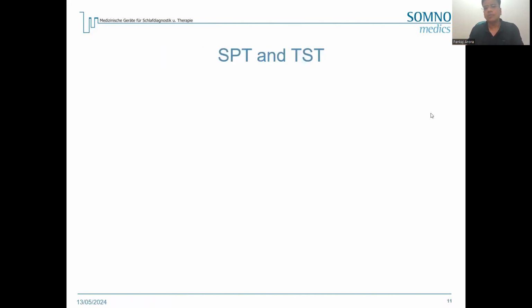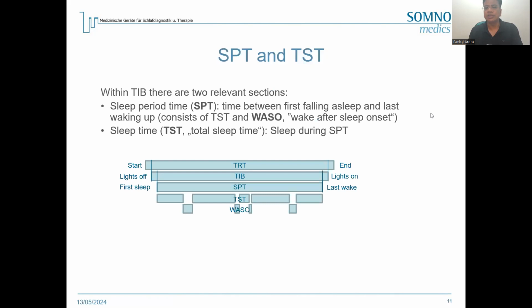Okay, so now I will tell you total sleep time and sleep period time, which I will explain with this graph. I told you, starting the polysomnography unit and switching off the polysomnography is the total recording time. Defining from lights off to the lights on is basically time in bed.